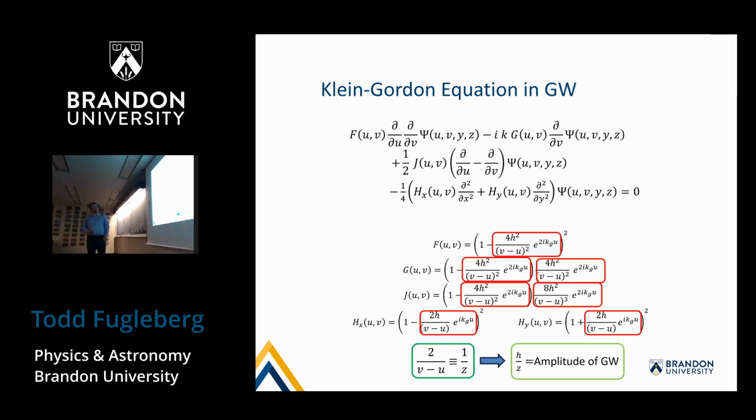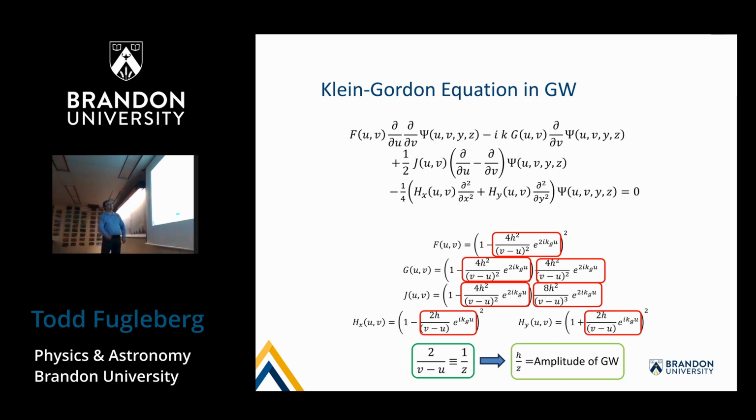But you've got all these other pieces, and they're all just the effect of the gravitational wave. So I've got this ugly looking differential equation. But if there was no gravitational wave, this h should be 0. That's the initial amplitude of it. So if there's no gravitational wave, this is 0, which means this is 1, this is 1, these 2 are 0, this is 1.